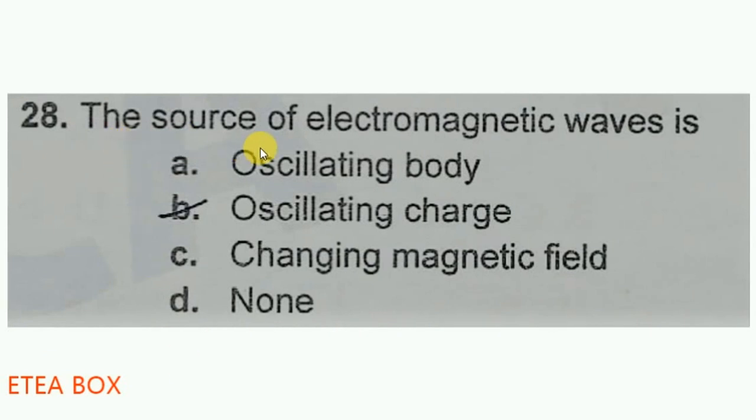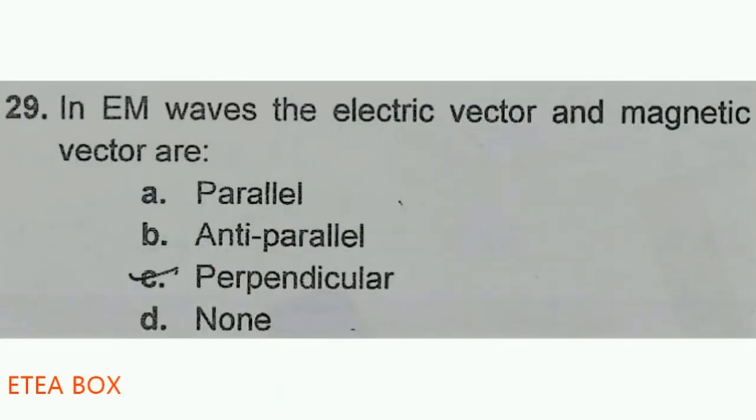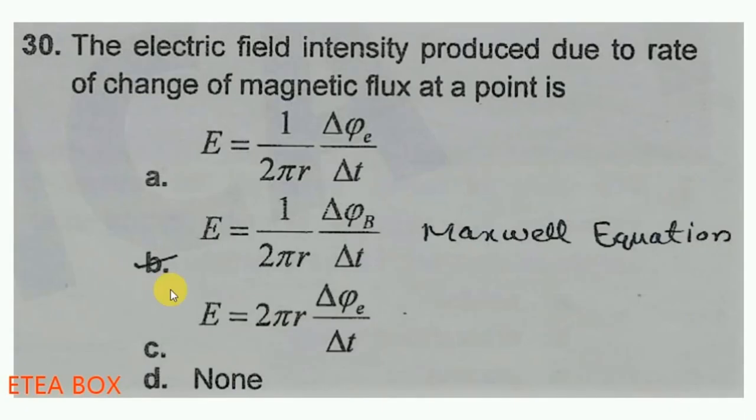The source of electromagnetic waves is oscillating charge. Option B is the correct one. When charge oscillates, it produces electromagnetic waves. In electromagnetic waves, the electric vector and the magnetic vector are perpendicular, at 90 degrees. The electric field intensity produced due to the rate of change of magnetic flux at a point is E equal to 1 over 2πr times the magnetic flux divided by time.